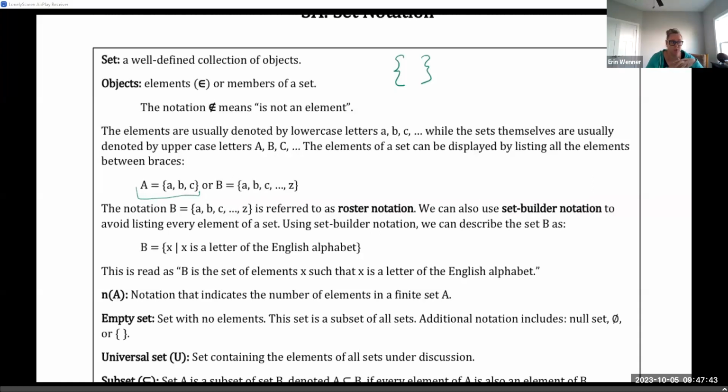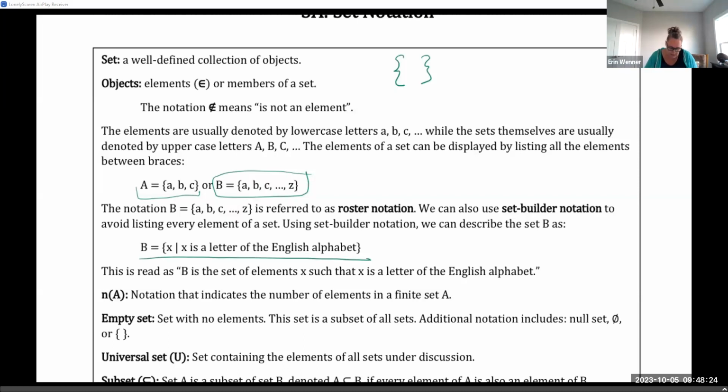This is referred to as roster notation, and we can also use set builder notation to avoid listing every element in the set. Set builder notation is a different way to describe a set. What you'll see in this statement is referring to this set right here, set B, which contains the letters of the alphabet from A to Z. The way that we would describe that is B is equal to the set of x such that x is a letter of the English alphabet.